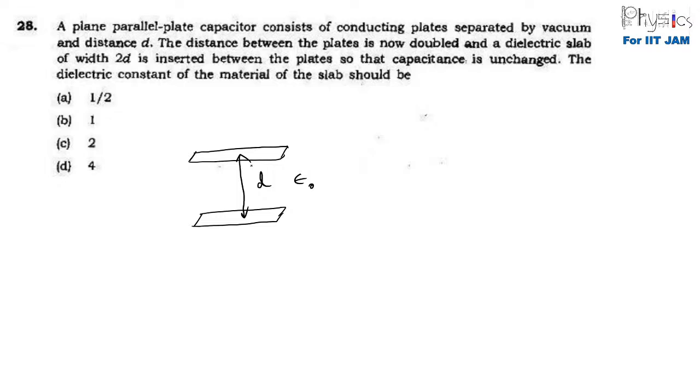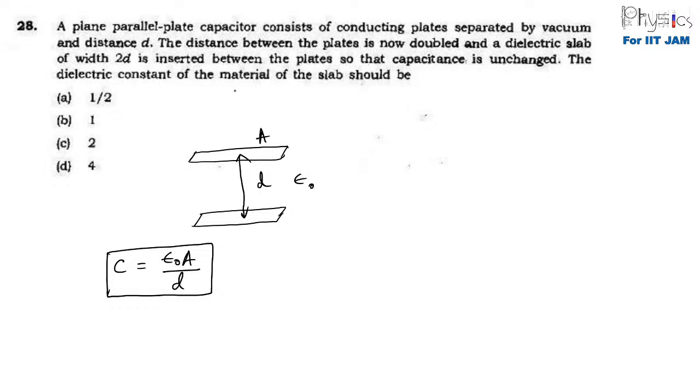Suppose the area of each plate is A. Okay, then what was the formula for capacitance? The formula for capacitance was C equals epsilon naught A by d. It was our formula, right?